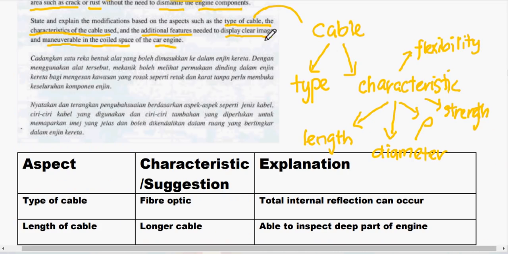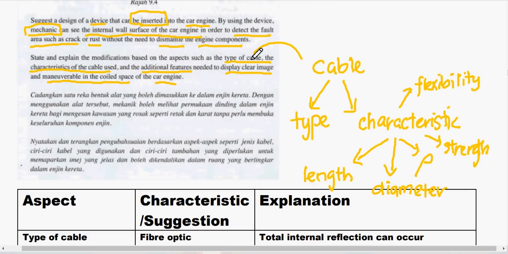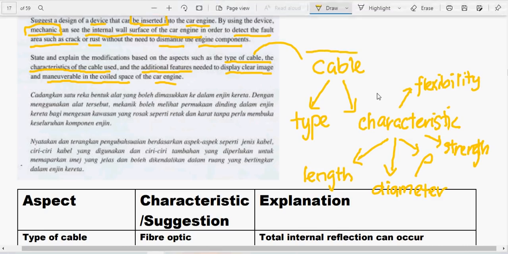Now you look at the aspects given. The aspects are quite simple: type of cable, the characteristic of the cable used, additional features needed to display clear image, and the maneuverability in the coil space of the car engine. Cikgu already did it like this to at least give you an idea.